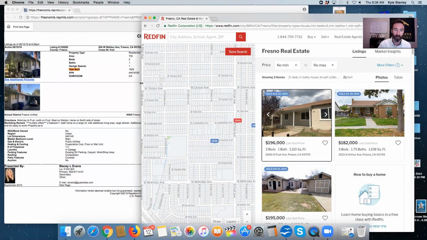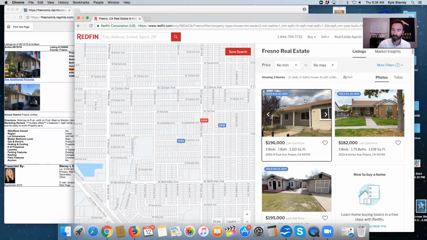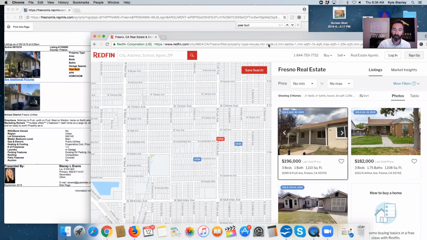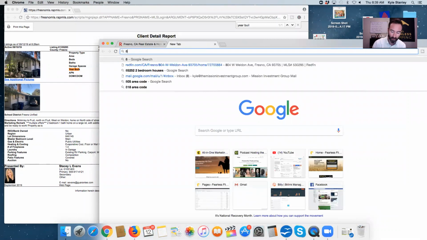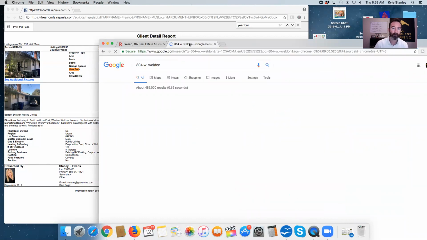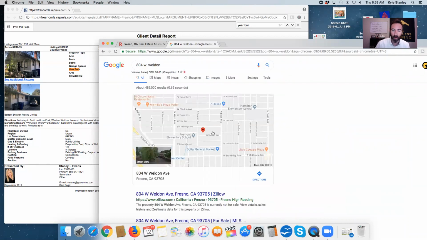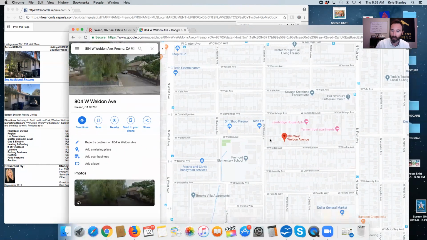Once again, our house was 804 West Weldon. Let's bring up a map. We are right off of Tealman Avenue and Weldon Avenue.